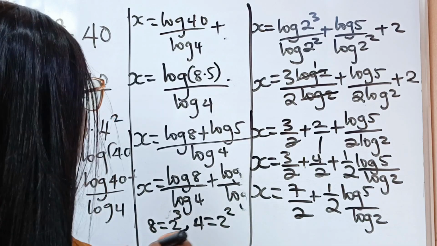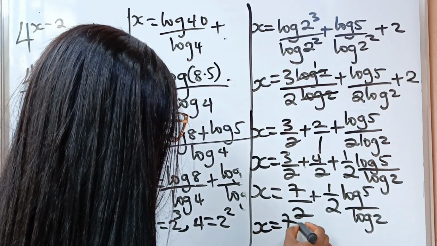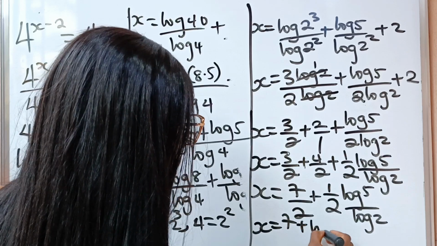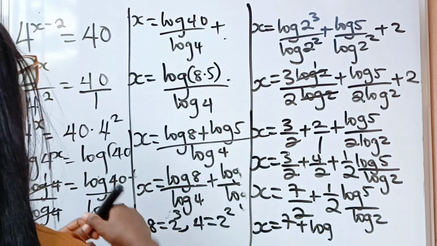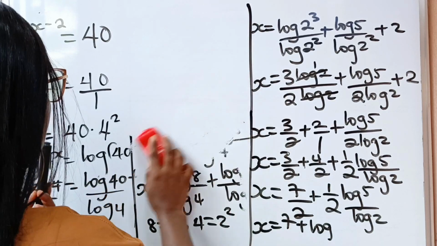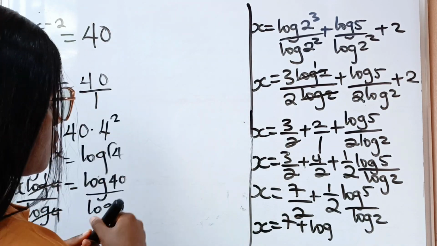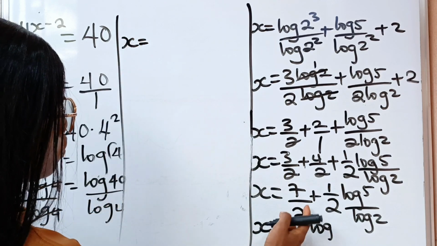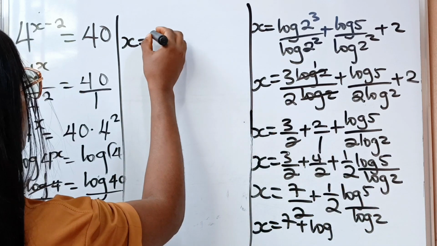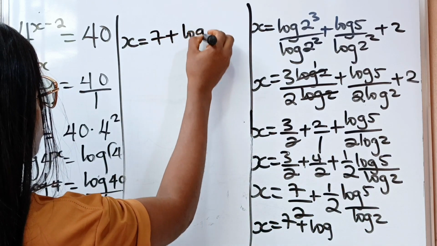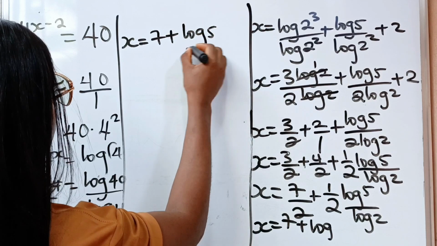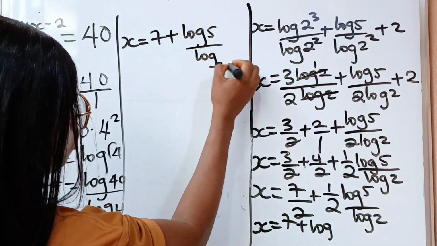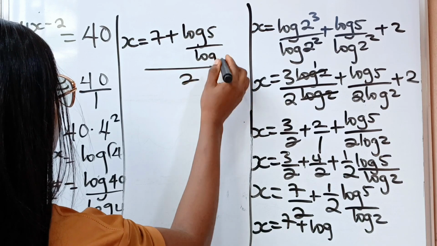So we can write our x to be equal to 7 plus log 5 divided by log 2, everything divided by 2.